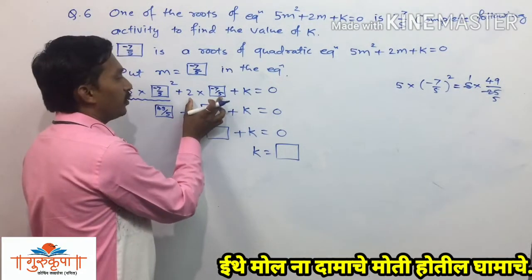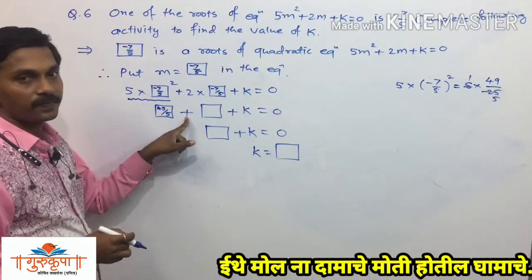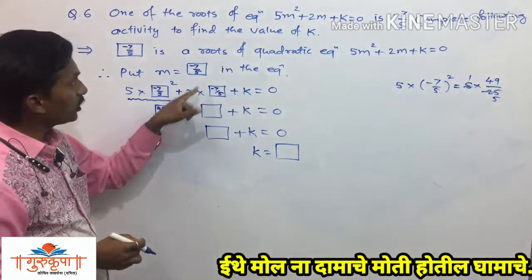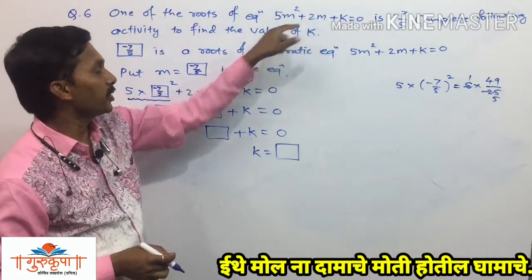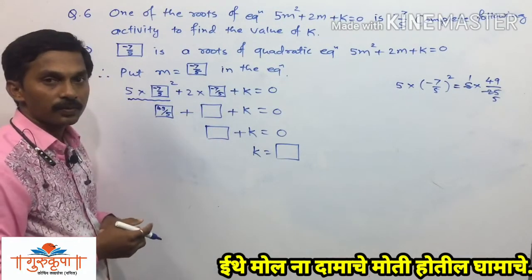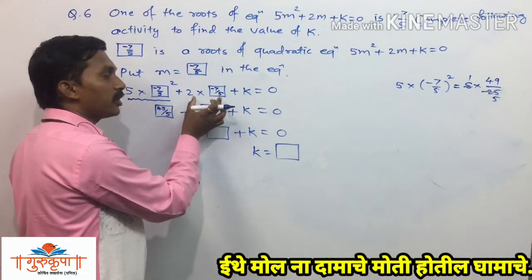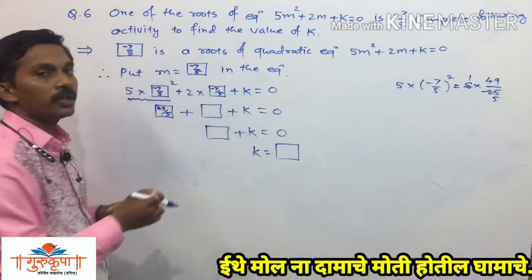Plus, again we have to simplify this. The plus sign remains as it is; this plus sign is there in the quadratic equation also. And now we have 2 multiplied by minus 7 upon 5. The product of these two numbers may be positive or negative, and we have to put it into the box.